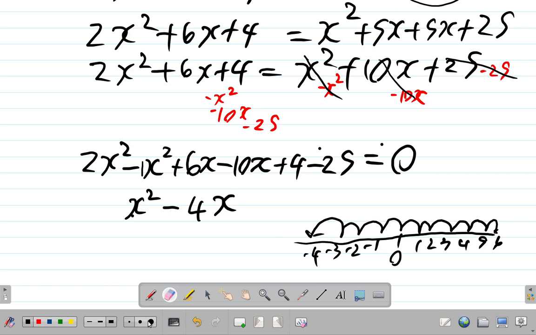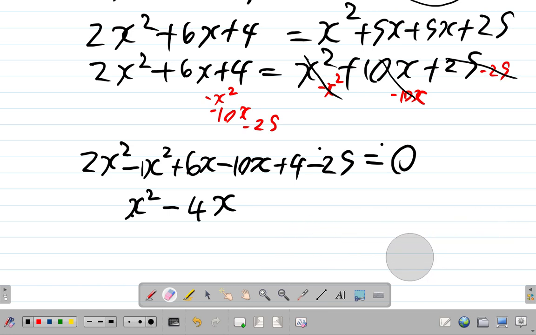Alright, so now you say numbers: 4 minus 25, how much? A negative 21. You say equals 0. We have x squared minus 4x minus 21 equals 0.